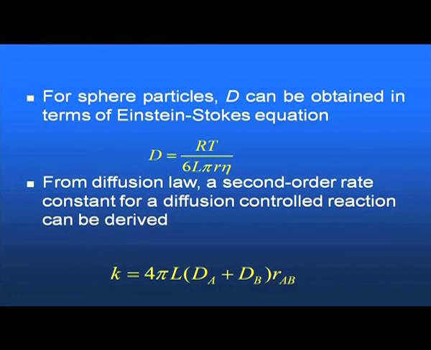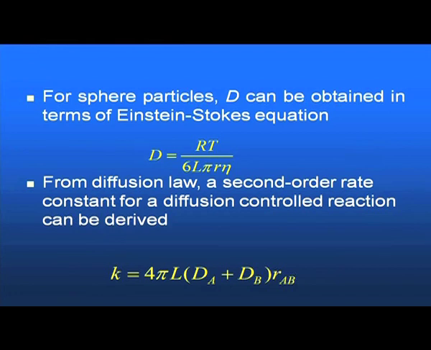It is a famous equation. It was named after Einstein and Stokes because these two scientists worked on this. So your diffusion constant is RT divided by 6 L pi R eta, where eta is our coefficient of viscosity.